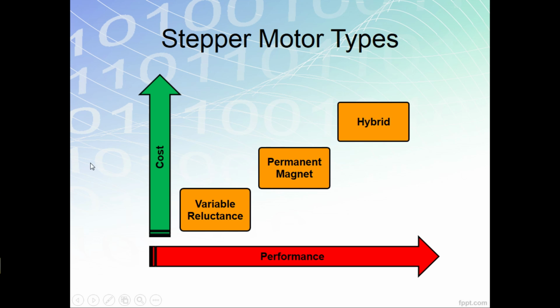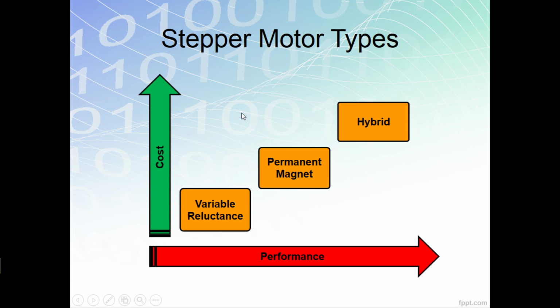So these are the stepper motor types according to their cost and performance. The earlier version of the stepper motor is the reluctance type, or the variable reluctance type stepper motor. Its cost is very low because it's non-magnetized. As you increase the performance, the cost would also increase.